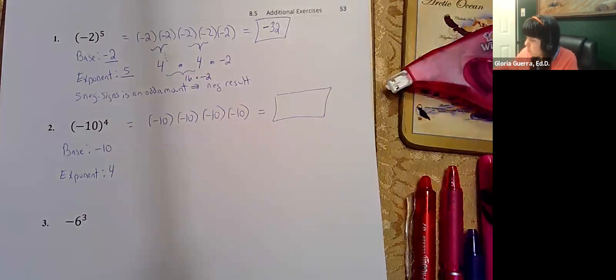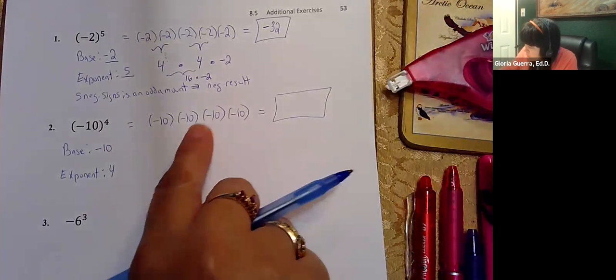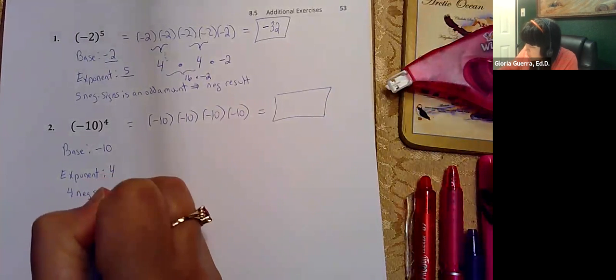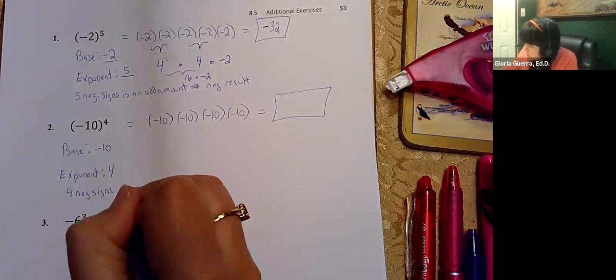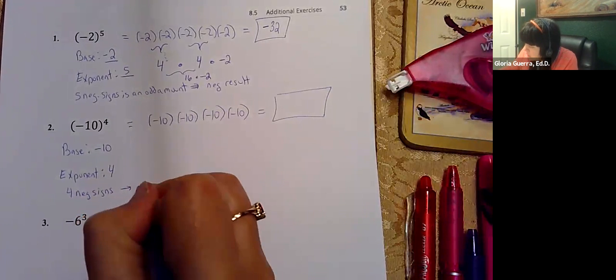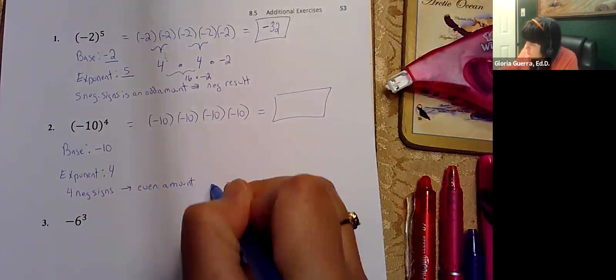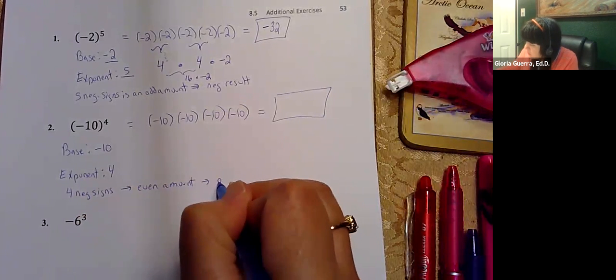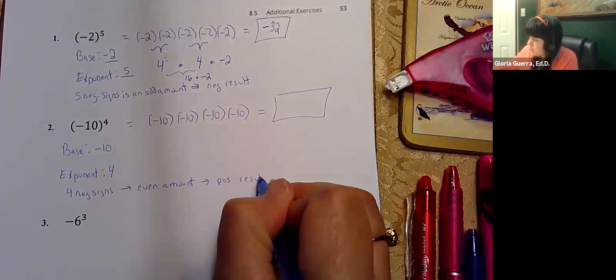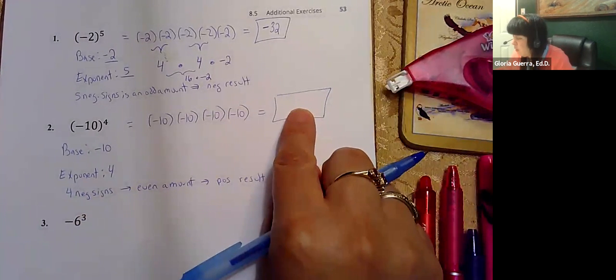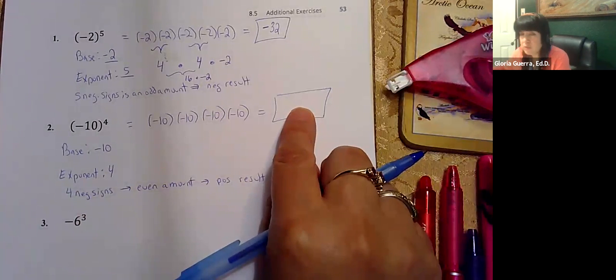So you have 1, 2, 3, 4 negative signs, which is an even amount, which means you're going to have a positive result. You don't have to put a plus, just make sure it's understood to be positive. And this is powers of 10.